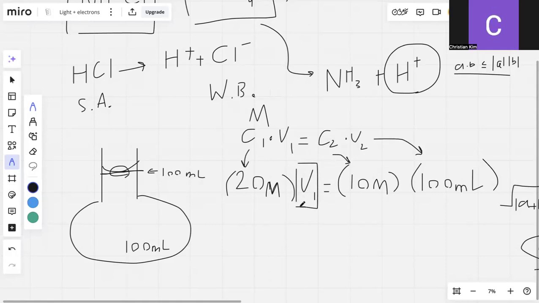Well, we can solve for V1 and figure that out. It turns out that I will need 50 milliliters of this original stock plus 50 milliliters of water to reach our 100, which makes sense because it's a half dilution. So the math does check out.